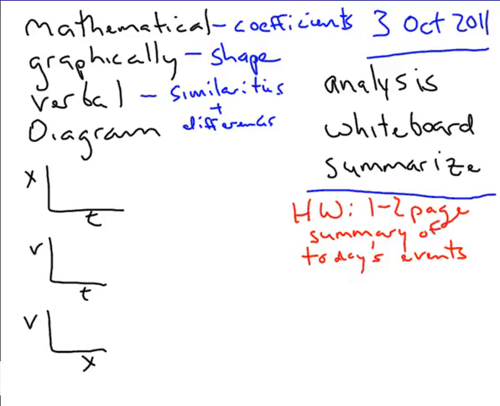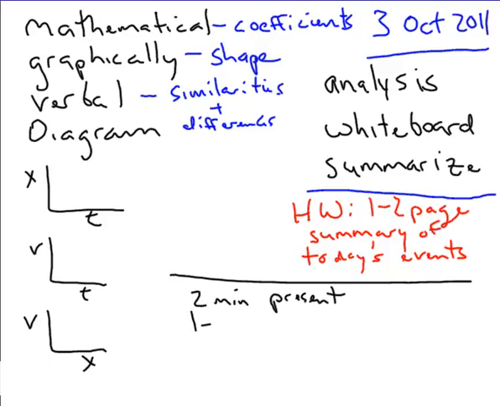As for the format of the whiteboarding, I think we all understand how this works in general, but we're going to give each group, one at a time, about 2 minutes to present, and then about 2 to 5 minutes for questions.